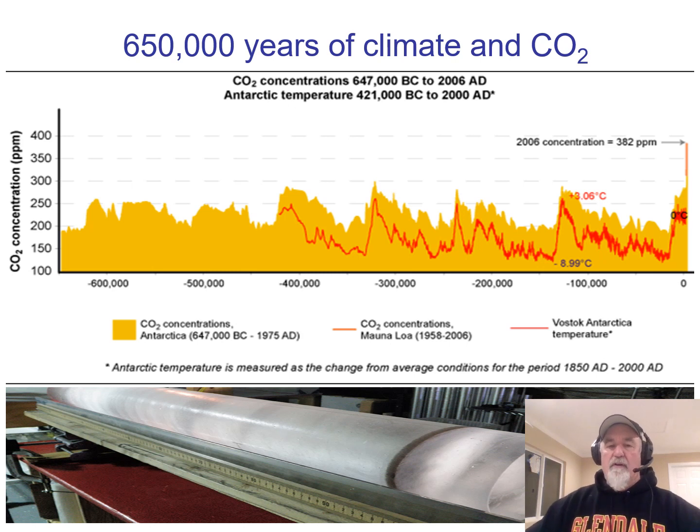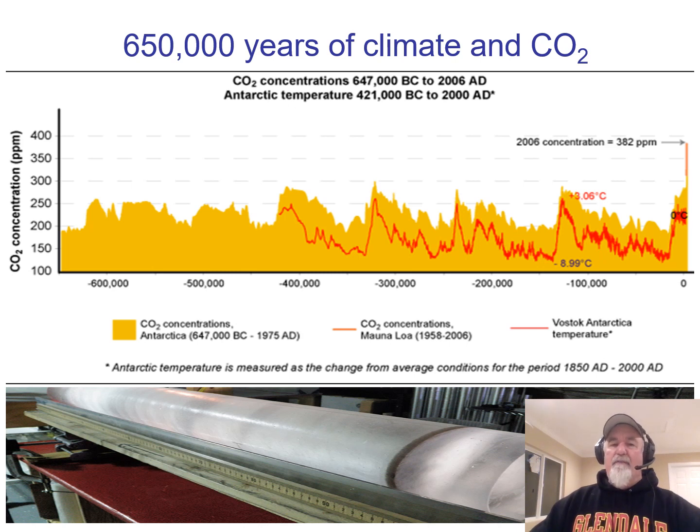So we can drill down in places where ice has been around for a long time, like Antarctica, and get a very good idea of two things. What's in those bubbles? And more specifically, what was the temperature when that snow formed? We can figure this out based on the isotopes of oxygen.